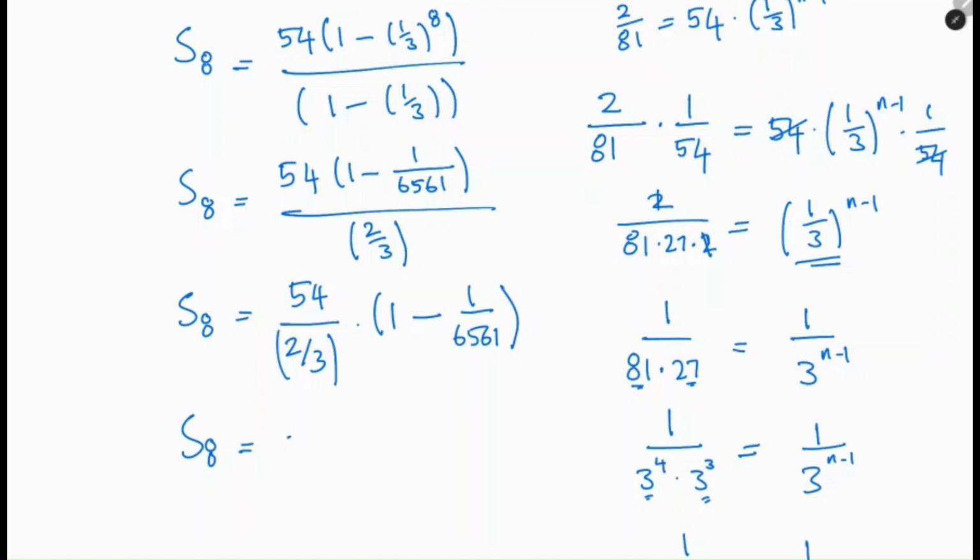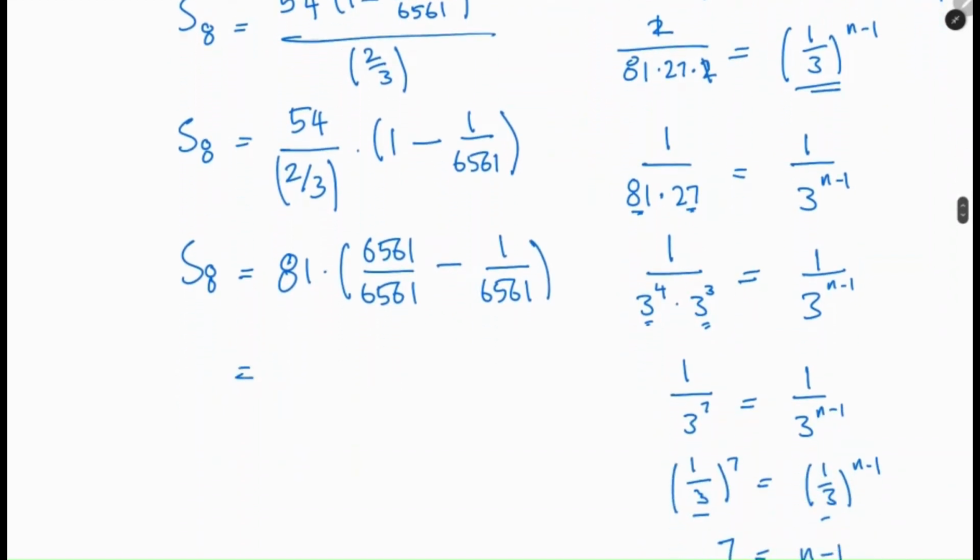Now 1 is the same as 6561 over 6561, and then I just keep this fraction, 1 over 6561. So this whole bracket now simplifies: I've got a common denominator, so I can just subtract the numerators. 6561 minus 1 is equal to 6560, over the common denominator, 6561.